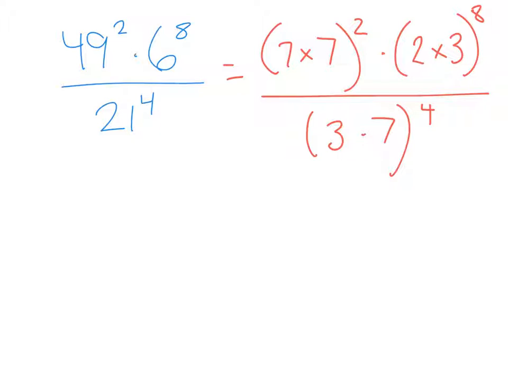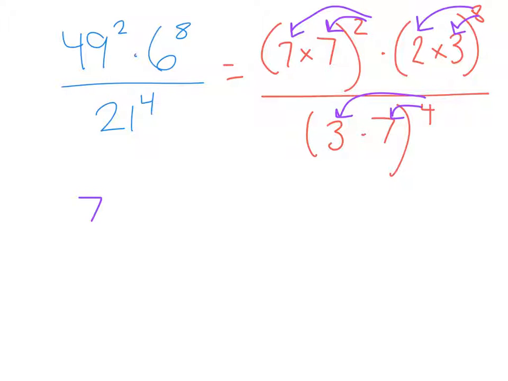What I did there was I took 49 and broke it down into its prime factors. Took 6, broke it down into its prime factors, and 21 down into its prime factors. Now, at this layer, we are going to use our power rule. We're going to bring in all of these exponents. So the 2 has to come over to both 7's. The 8 has to come in to both 2 and 3, and the 4 has to come in to both parts.